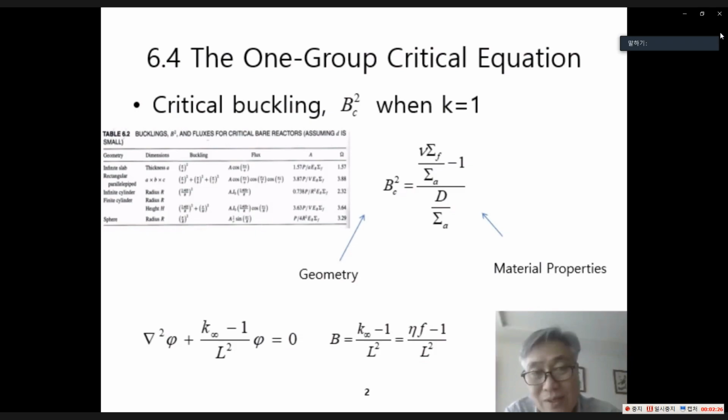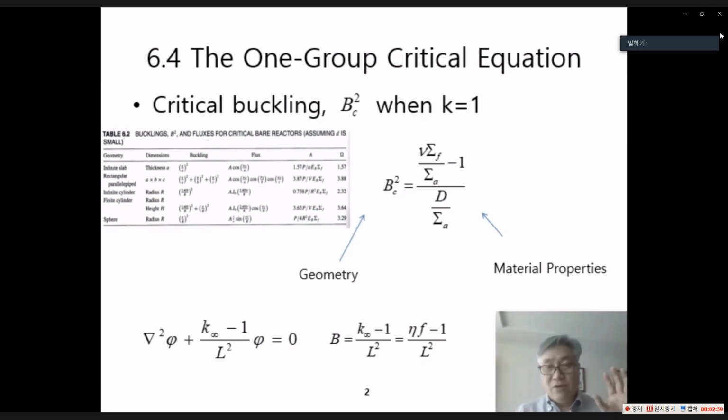So from this table we can see the buckling is determined by geometry. So when we know whether it is a cylinder, rectangular parallelepiped, infinite cylinder, finite cylinder, or slab, we can determine buckling by geometry.